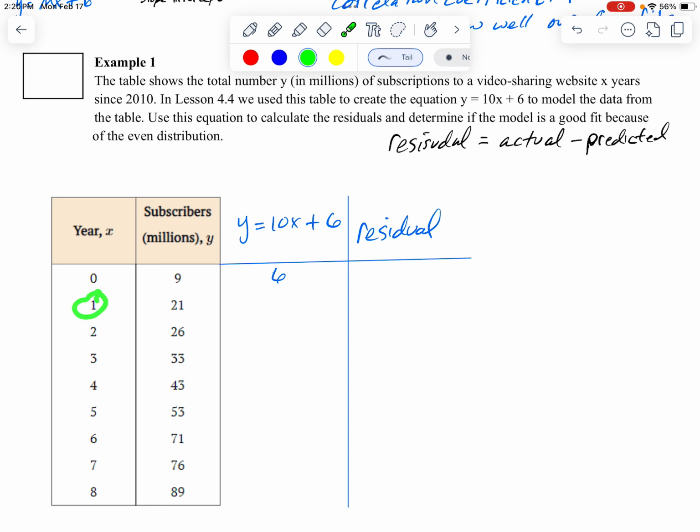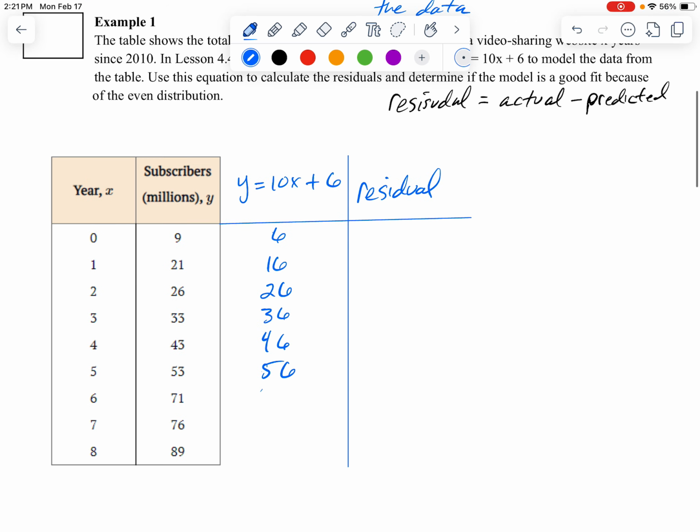So when x is 1, we plug that in. We have 10 times 1 is 10, plus 6 is 16. I'm going to start moving pretty quickly here after this one. When x is 2, we have 10 times 2, which is 20, plus 6 is 26. So when x is 2, y is 26. And since our x values just increase by 1 every time, this works out really nicely. So we're going to end up with 36, 46, 56, and so on.